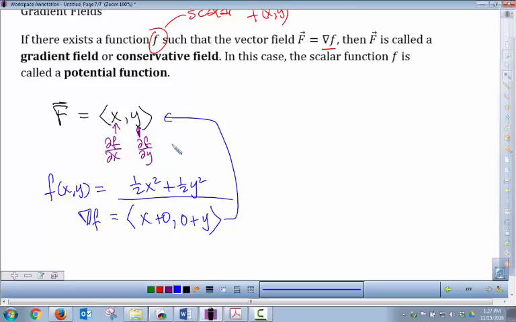So if you can find a function like that, then you can say that the original f that you have, x comma y, is a conservative vector field.